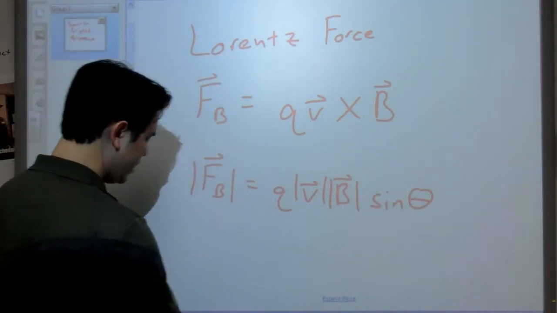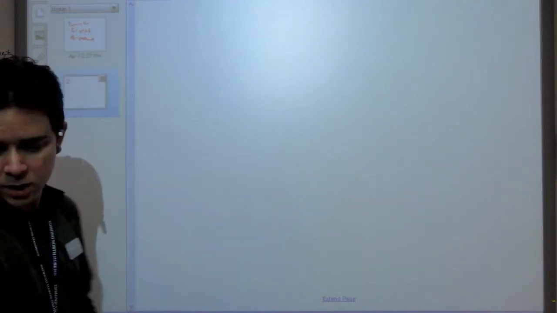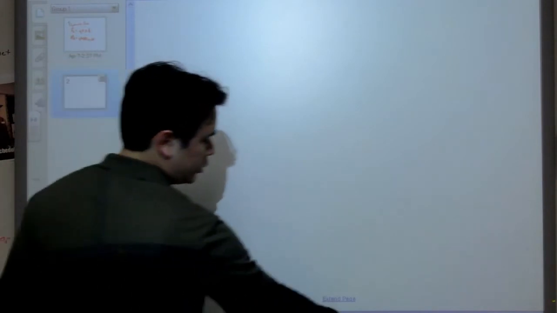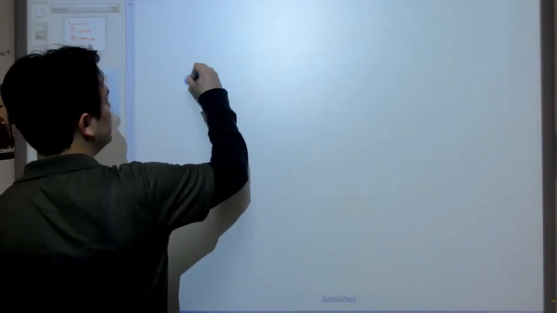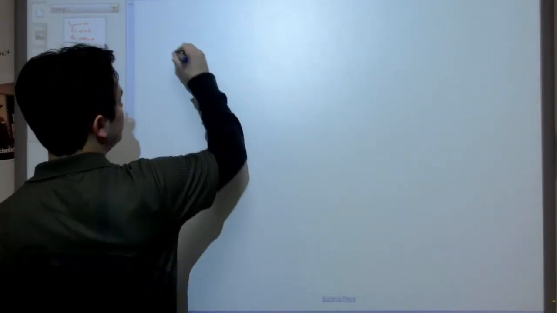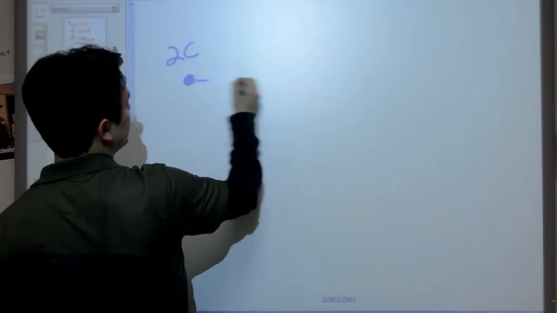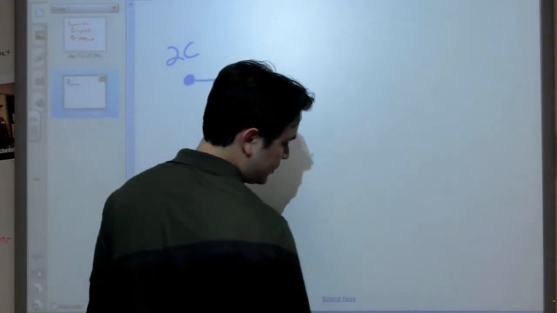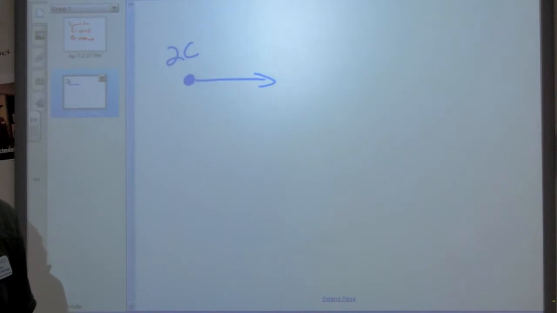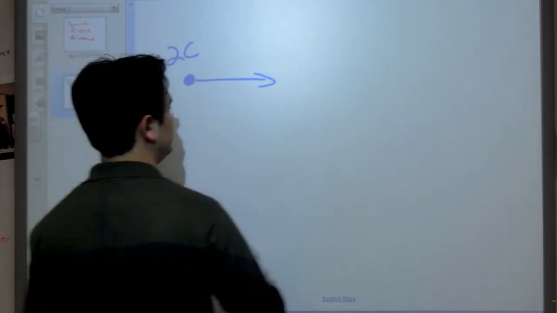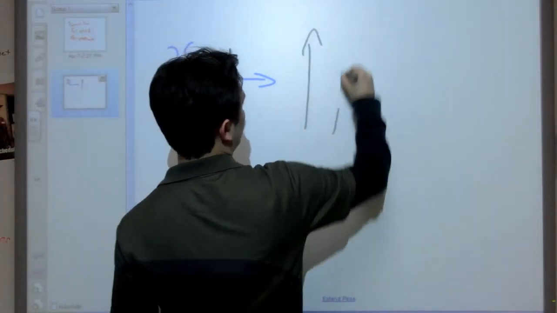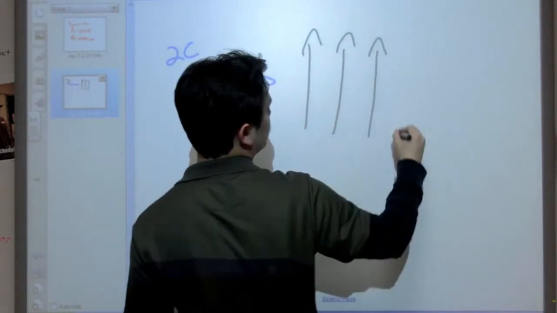So, let's see the actual problem with this one. The one we're going to look at is a particle with a charge of 2 coulombs. It's going to move into a uniform magnetic field, and it's going to travel perpendicular to that magnetic field.